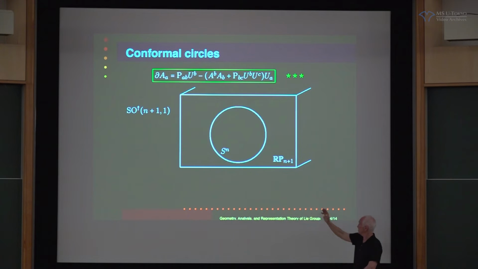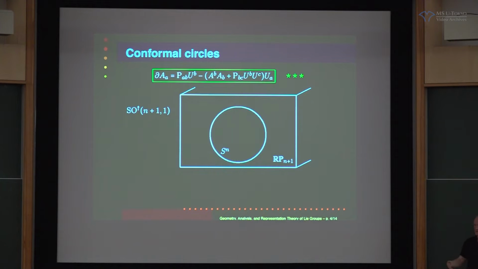Okay, there are 3 orbits for this action on this otherwise homogeneous space. So there's the sphere. That's where the length of these vectors is 0 according to this Lorentzian metric. There's the inside of the sphere and there's the outside of the sphere. Those are the 3 orbits. But in particular, you can see the sphere sitting there, S^n. Right? And the way that this group acts on the sphere is conformally.